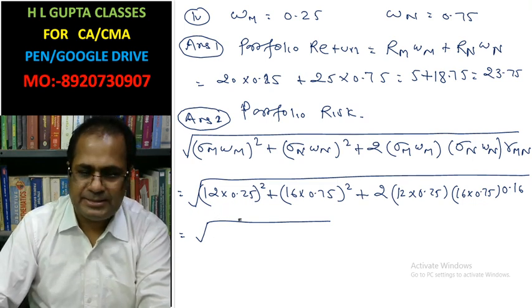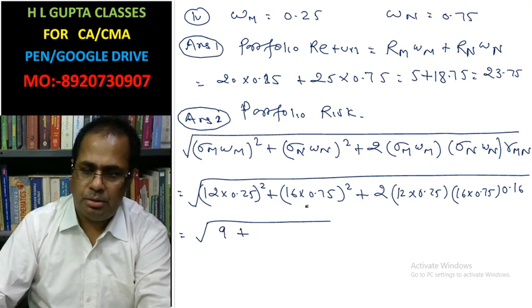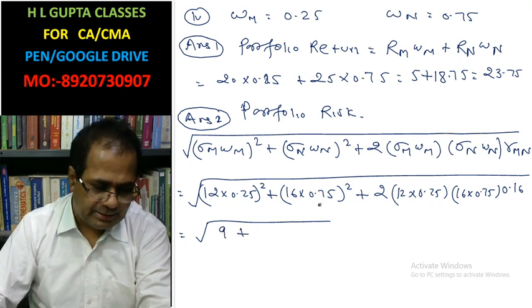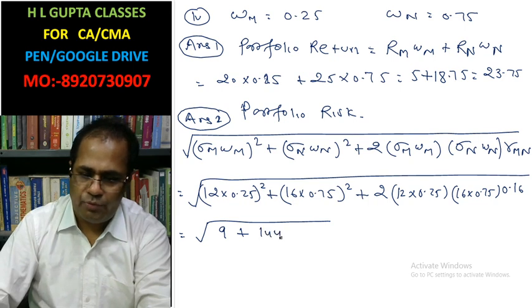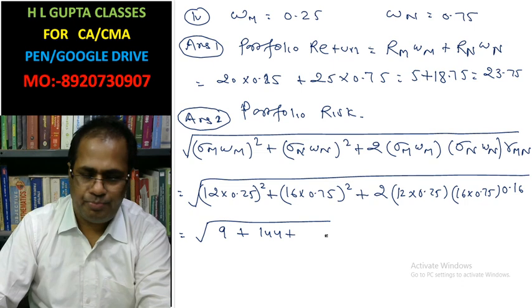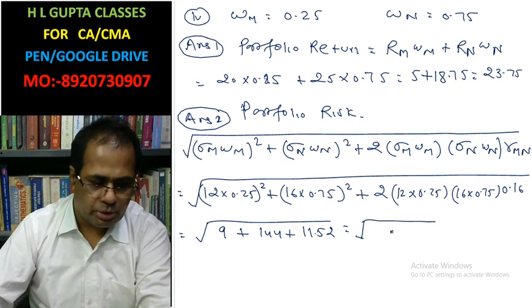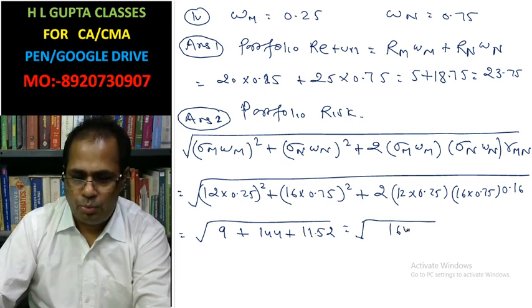In this case, this is 3, 9, this is 12, 144 plus 11.52. Root under 164.52.